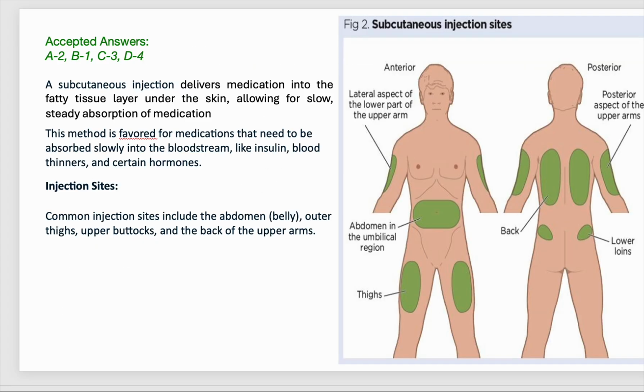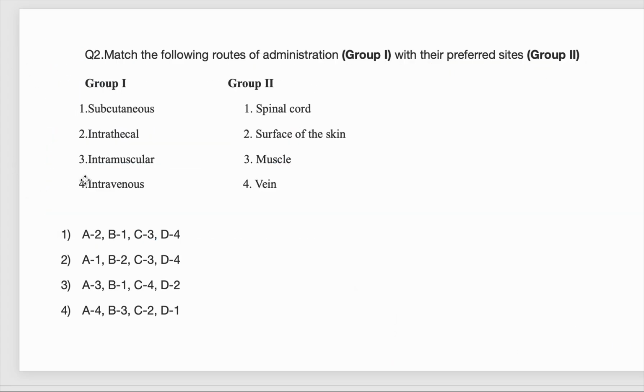So the correct option was subcutaneous, surface of the skin; intrathecal, spinal cord; intramuscular, muscle; and intravenous, vein. So you can see A to 2, B to 1, C to 3, and D to 4.